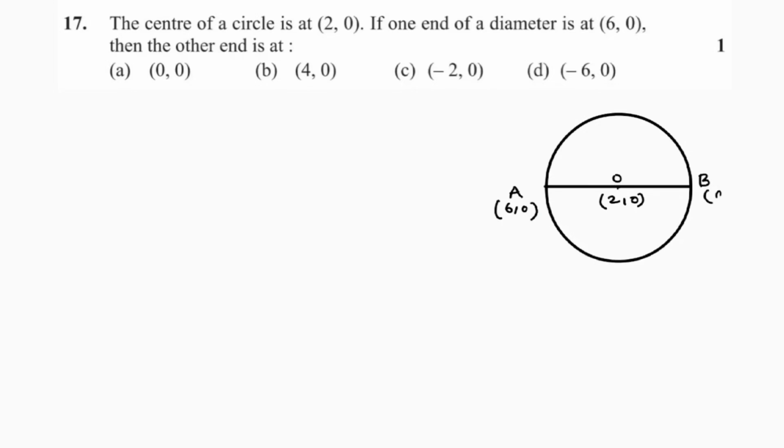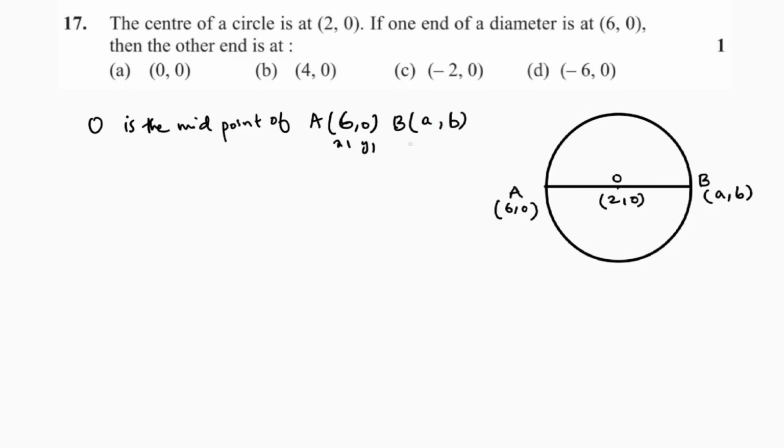What is the other end? I'll consider it as (A, B). So now O is the midpoint of AB. One end is (6, 0), and we need to find (A, B).